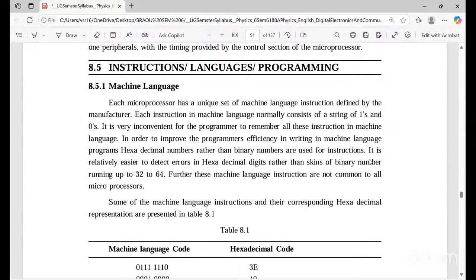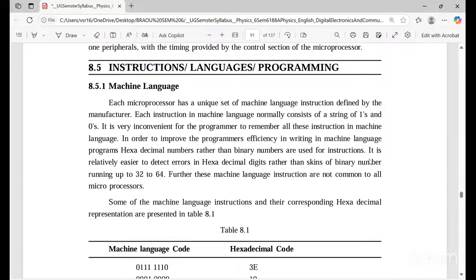Each instruction in machine language normally consists of strings of ones and zeros, and it is not very convenient for the programmer. He cannot easily remember all the instructions in machine language. So in order to improve the programmer's efficiency in writing machine language programs, hexadecimal numbers are used for instructions rather than binary numbers.